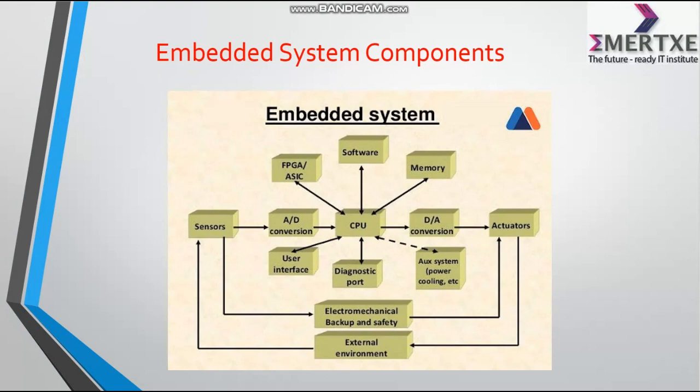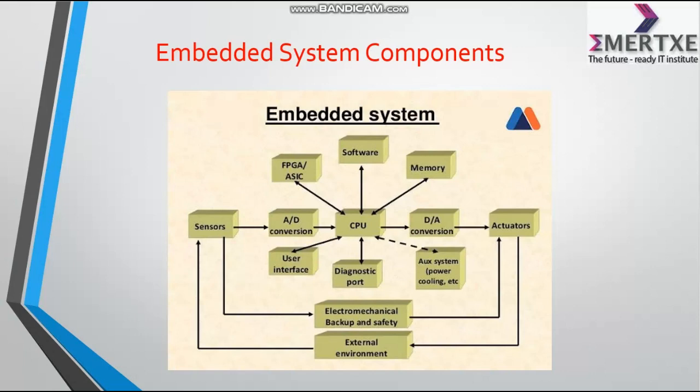Now, coming to the embedded system components, we have the block diagram of embedded systems here. The main part of the embedded system is the CPU, where all the other elements are connected to it. First, we have the sensors.